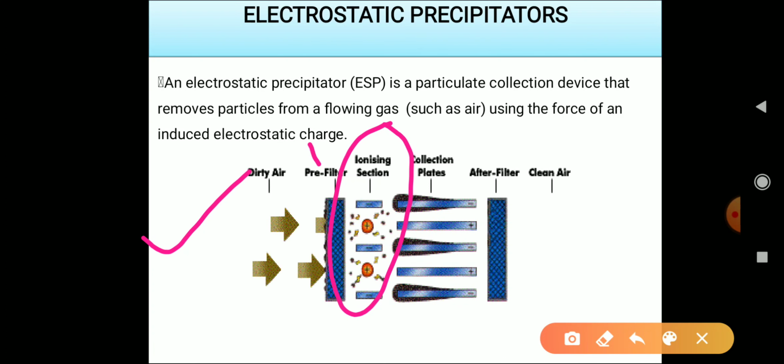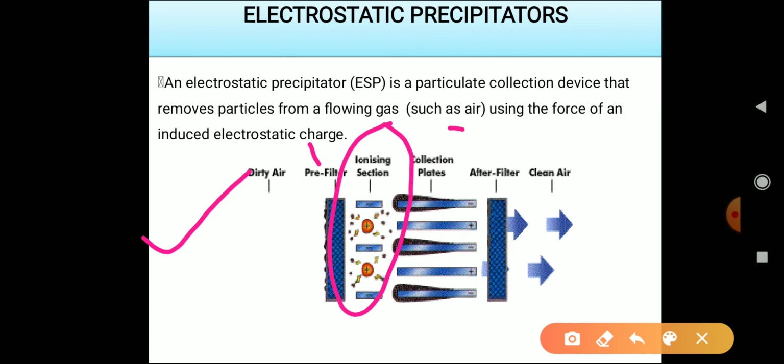This we all know. When you rub a glass rod or comb your hair with a plastic comb, it gets charged. This is the principle used here. When the flue gas is going out into the atmosphere, just before that, we are precipitating by means of the electrostatic principle.